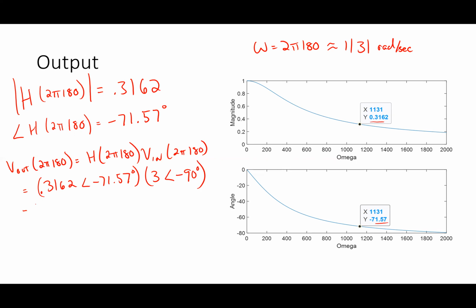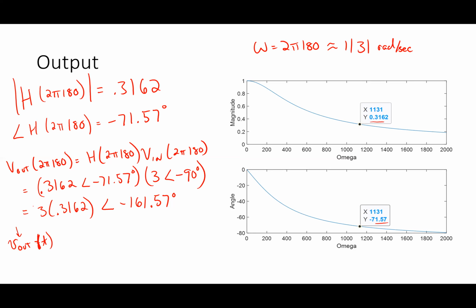That tells me I have 3 times 0.3162 with an angle of -90 minus 71.57, which becomes -161.57 degrees.